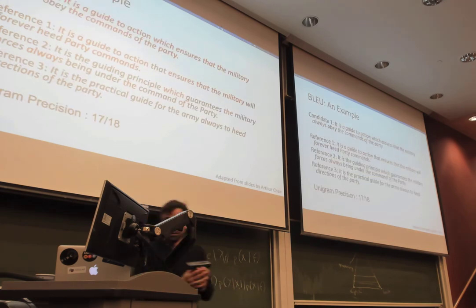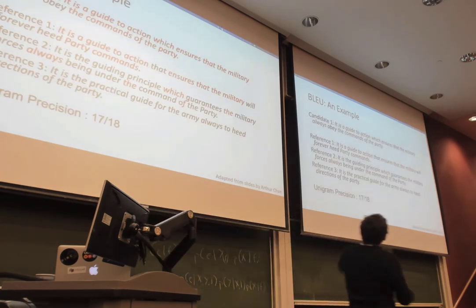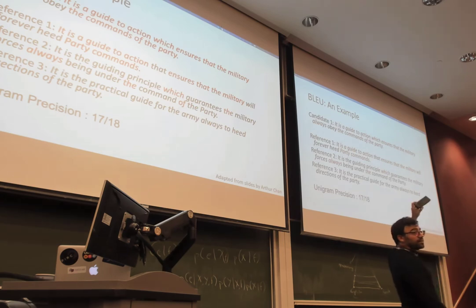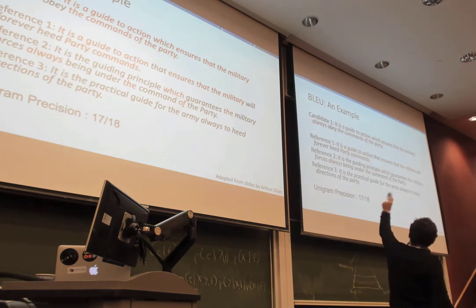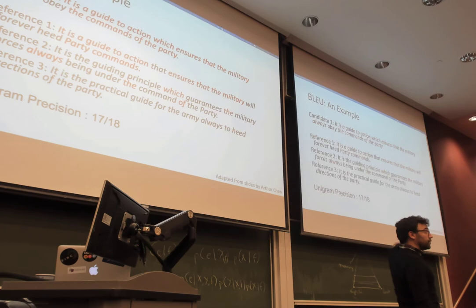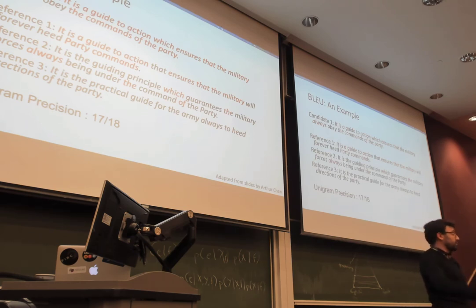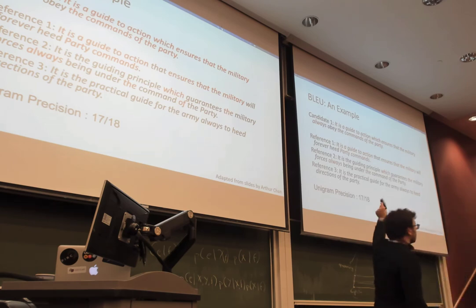So here's how this looks. You have the candidate on top, which is the output of your MT system. Let's say we got 3 translators to produce translations. Remember, we deem all 3 to be proper translations because they were created by professionals, but you can see that they are all different.